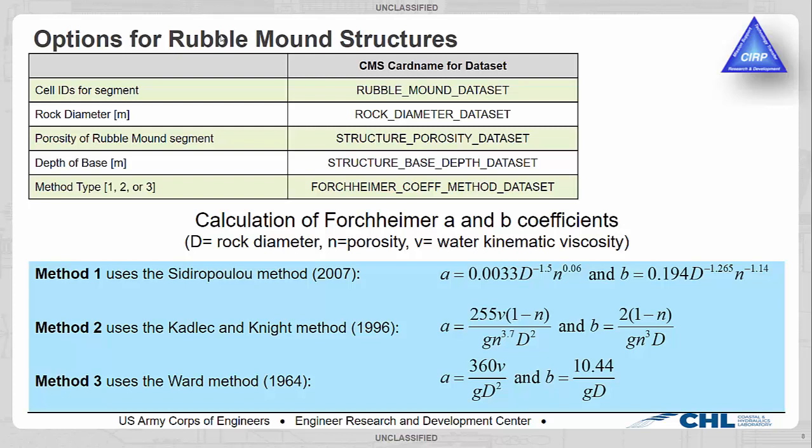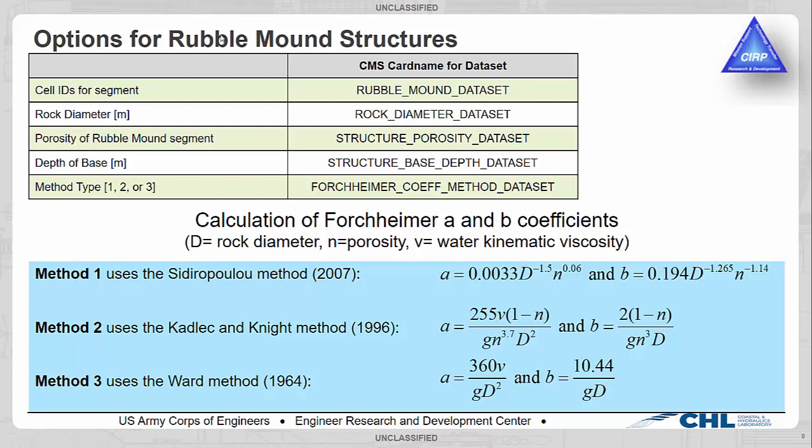And so one of the data sets is going to contain just a number 1 instead of a 0 that basically says this is one of the Rubble Mound structure cells, and then it will write out those IDs to the file as needed. We also have a rock diameter, and you notice that's in meters, and so we have a data set specified for that, and this is per cell that are to be included in this Rubble Mound jetty structure.